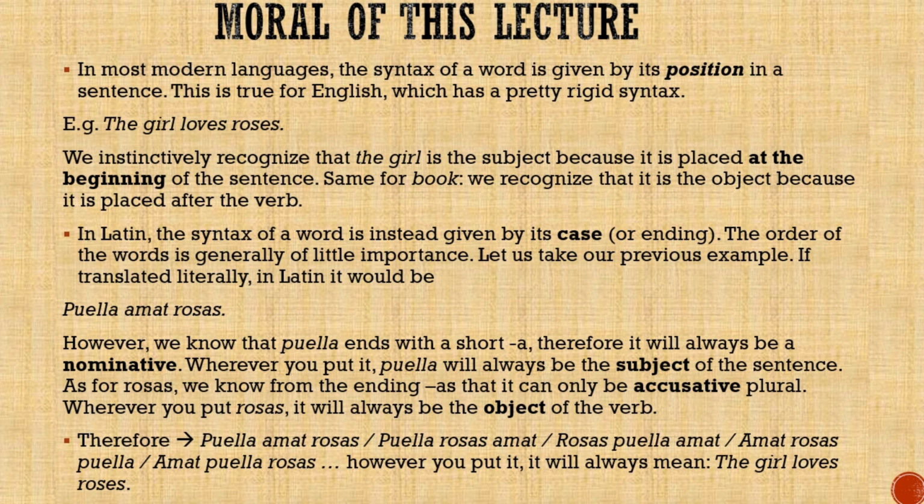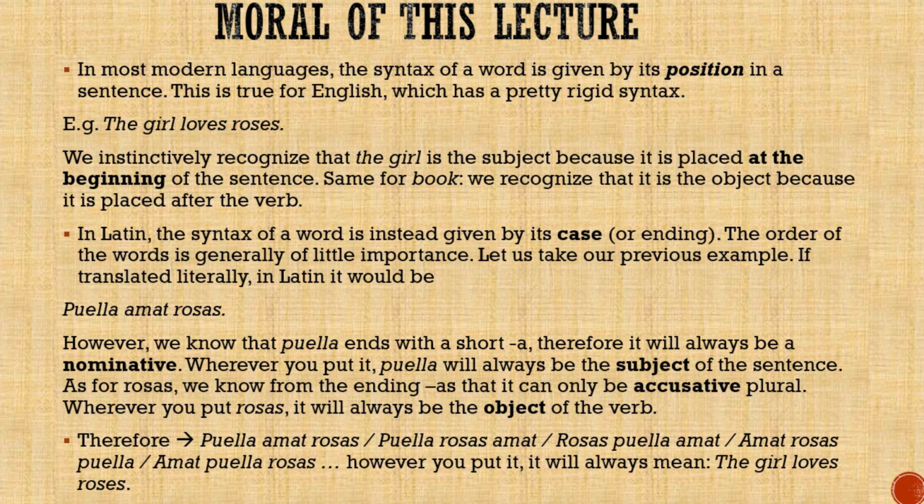So wherever you put puella, it will always be the subject. You can say the same for rosas, because we know that the ending as with a long a is the ending for the accusative plural. And so wherever you put rosas, it will always be the object of the verb.